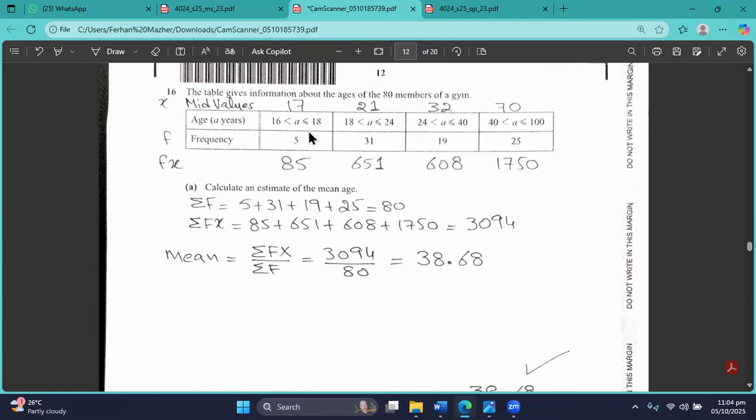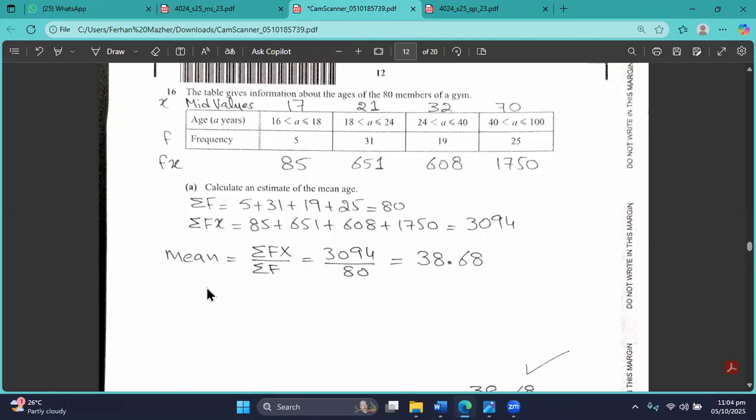For the summation f, you add all the frequencies, so that is equal to 80. The summation of fx, you add all the fx, and that is 3094. You know the formula for the mean is summation fx divided by summation f.